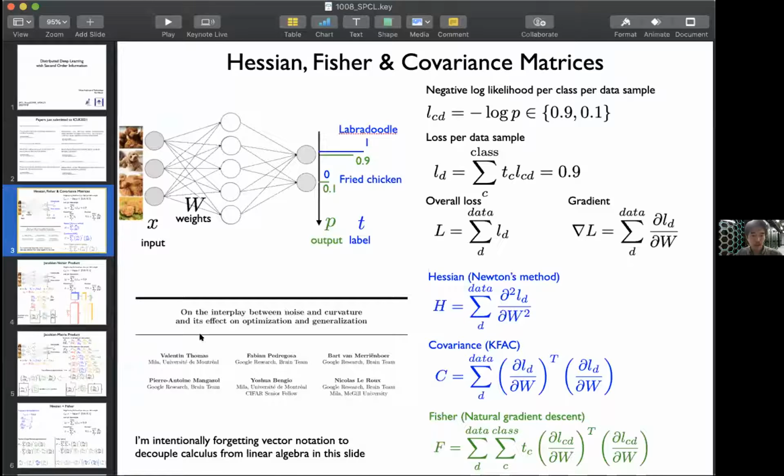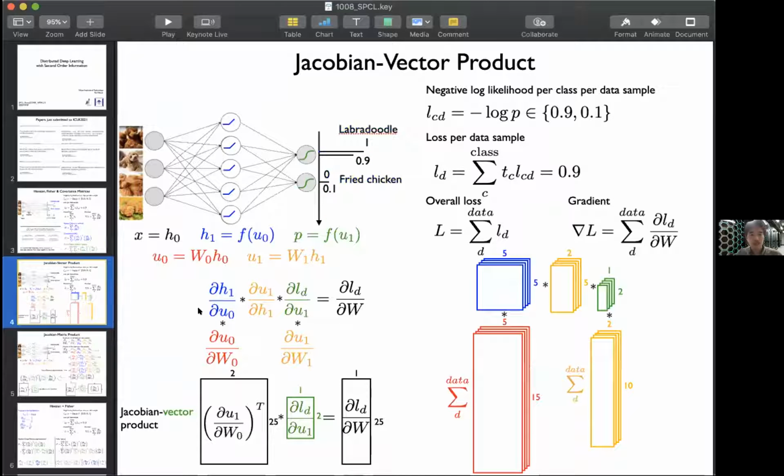A nice article that describes the differences and the actual meanings of these different matrices is this article here. So if you're curious about the difference of these methods and what they actually are, then you can look at this paper.